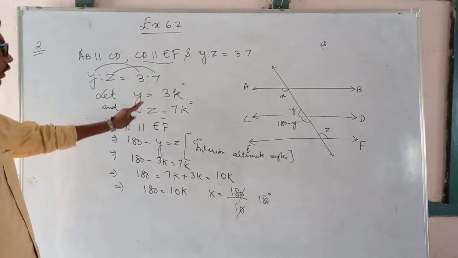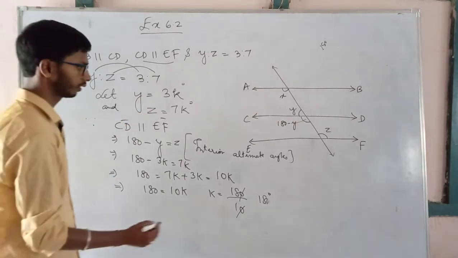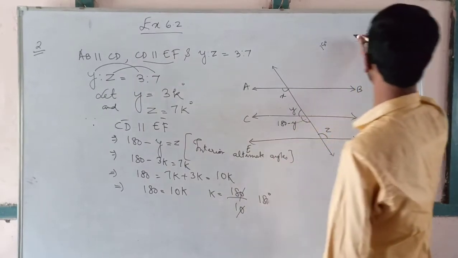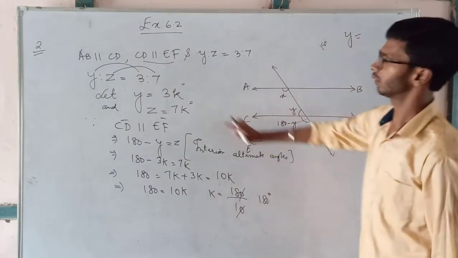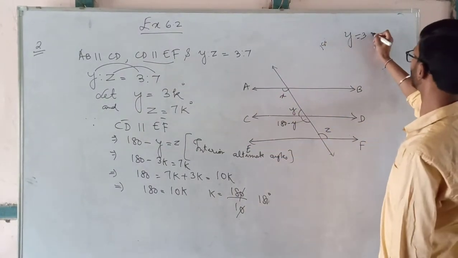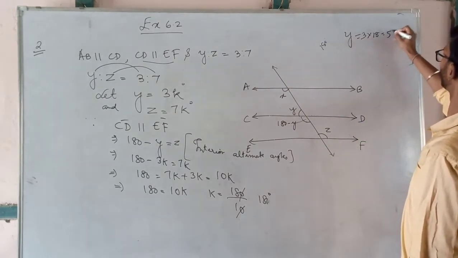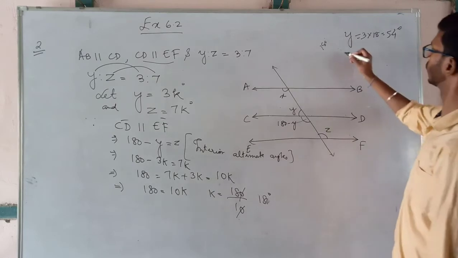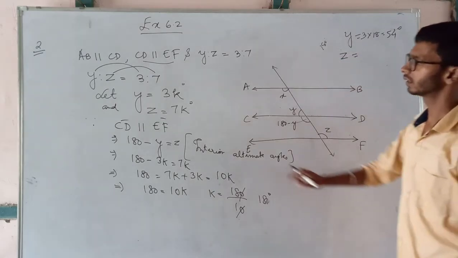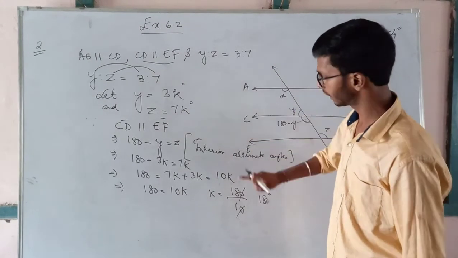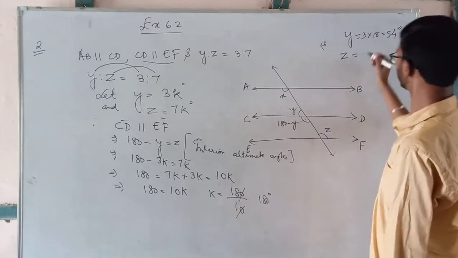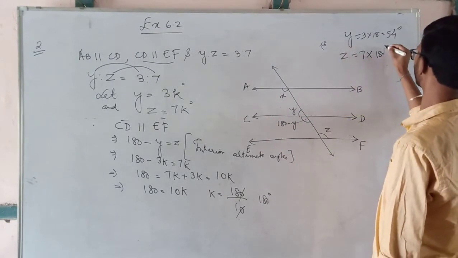So now what is the value of y and z? So we can write like this. Hence y is equal to, y was 3k. So 3 into k. K is how much? 18. So we'll get 54 degree. And z is 7k. That is 7 into 18.